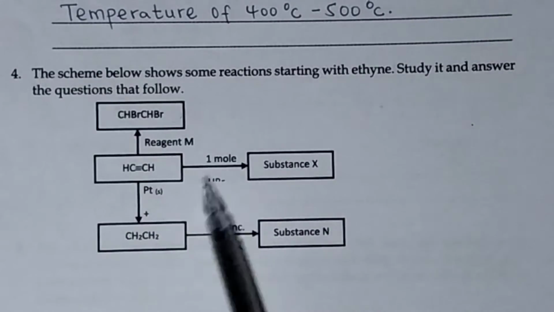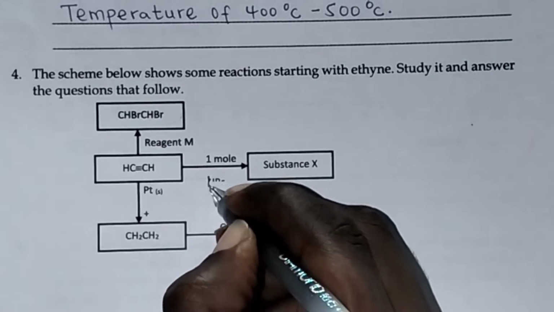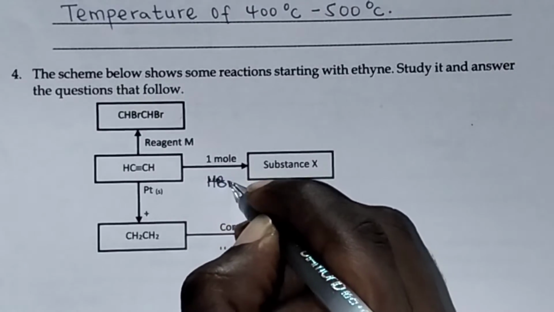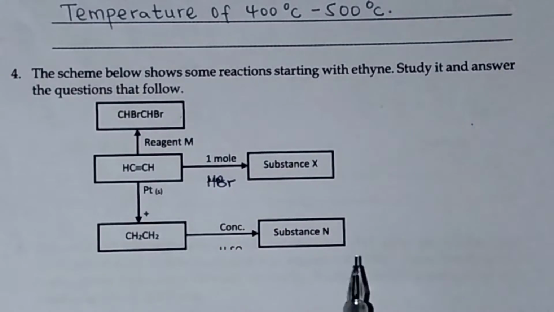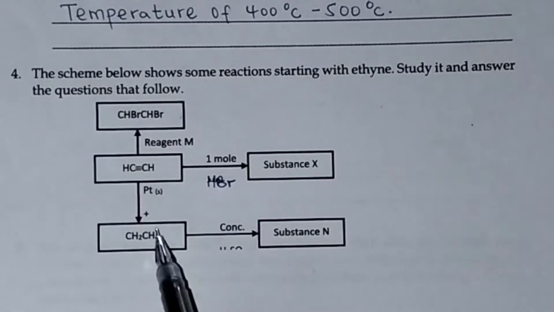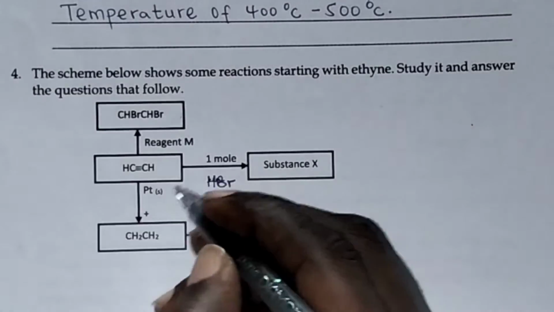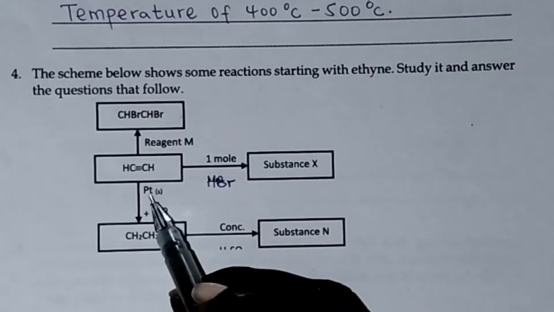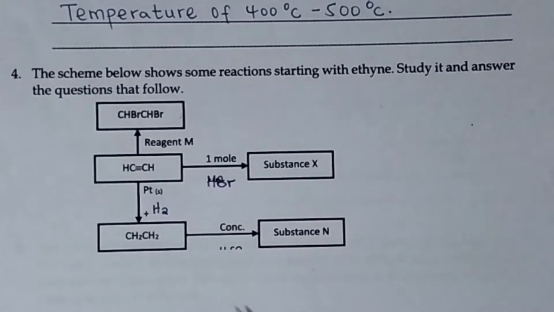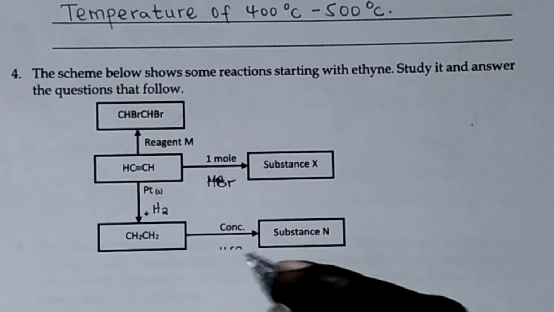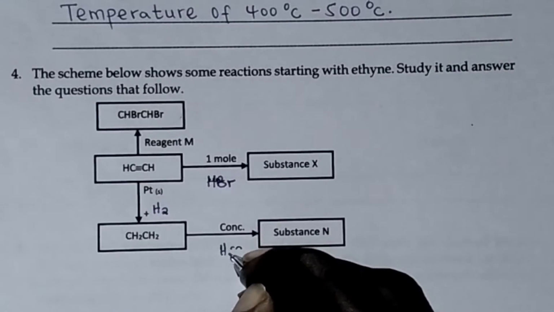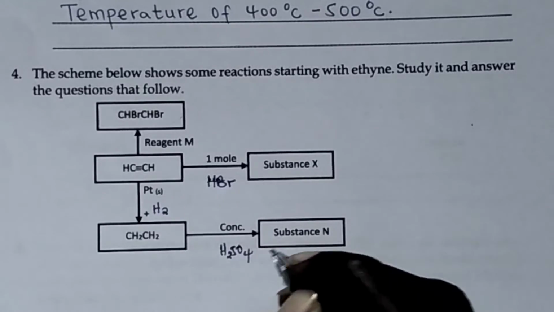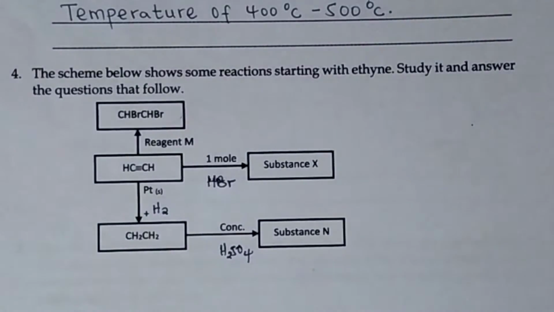Then if you take 1 mole of hydrogen bromide gas, we are going to get substance X. If you add hydrogen gas here, and we have a platinum catalyst there, you are going to get this compound. So if you take this compound and you add concentrated sulfuric acid, we are going to get substance N.